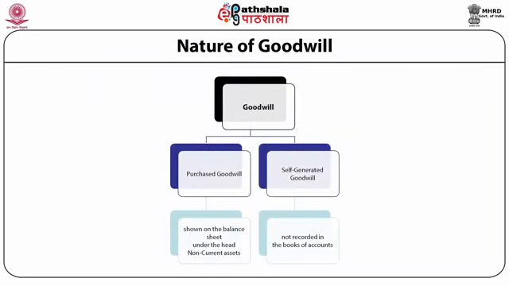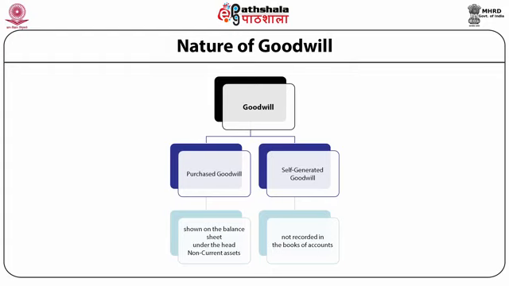Goodwill can be of two types, and the type of goodwill for the purpose of recording is made clear in this figure. Goodwill can be purchased goodwill or self-generated goodwill. Purchased goodwill is shown on the balance sheet under the head non-current assets, whereas self-generated goodwill is not shown in the books of accounts.